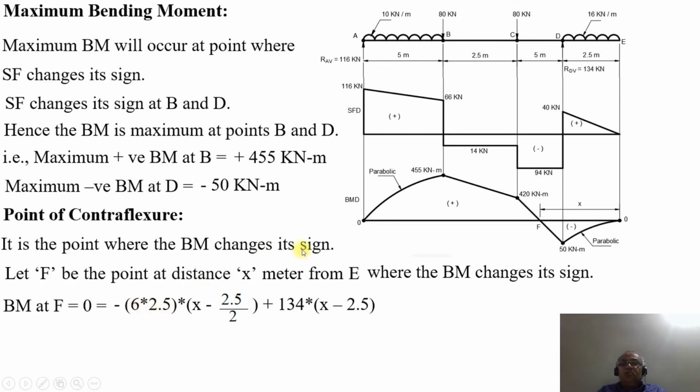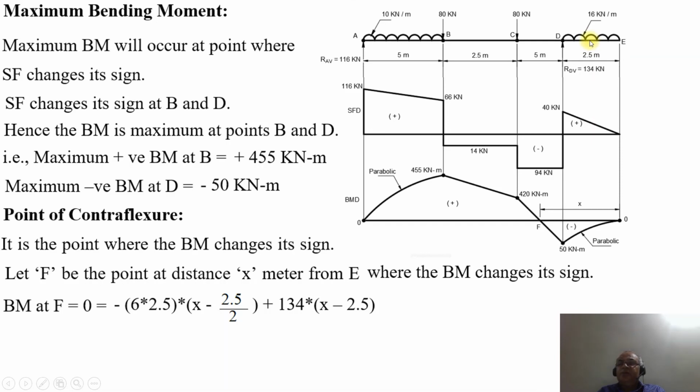That means it is the total load, minus 16 into 2.5, then into, since the section is at this point, the total distance is x, so it will be x minus 2.5 by 2. That is because, since it is a UDL, the load acts at the center.